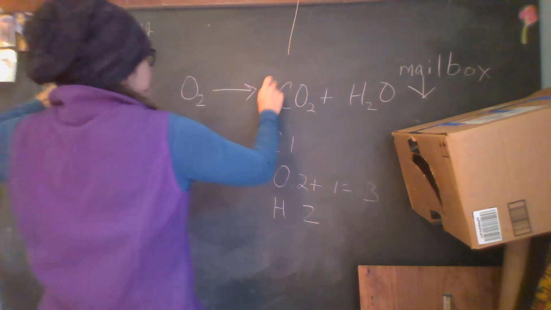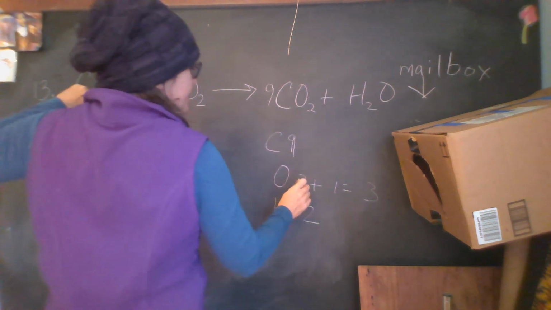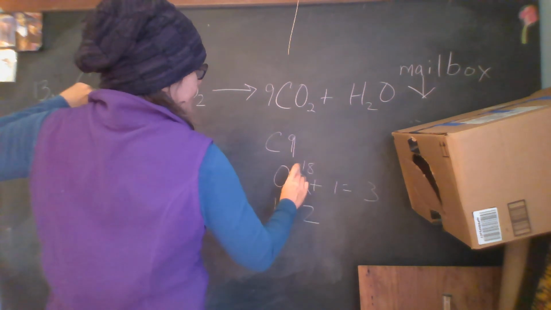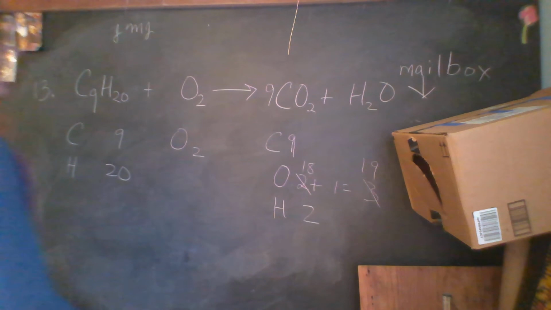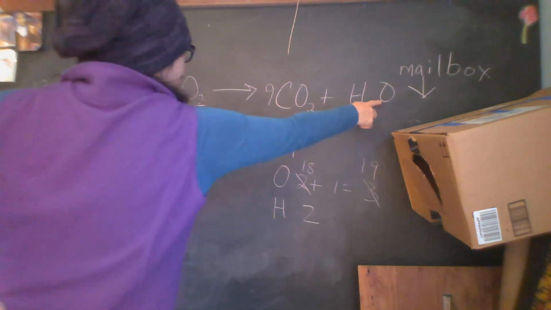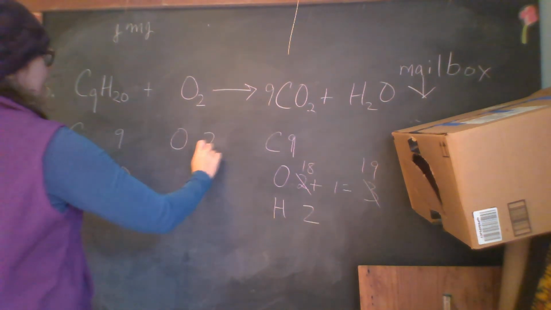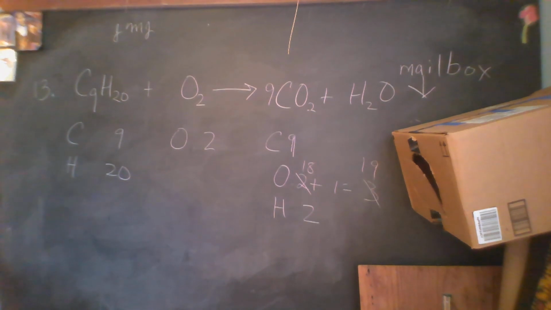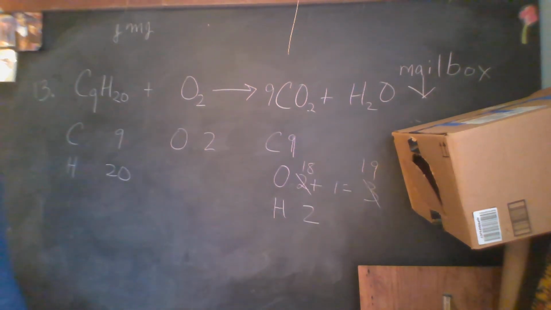I'm going to change this to 9 and see where that takes me. Now I have 9 of these. I have 18 of these, which makes 19 of these. 18 plus 1. Well, I have 2. And 19 is an odd number. So that's not going to help me as much as I want.